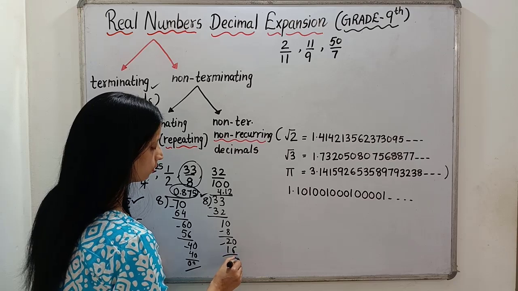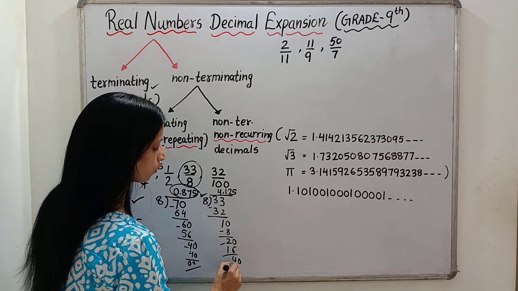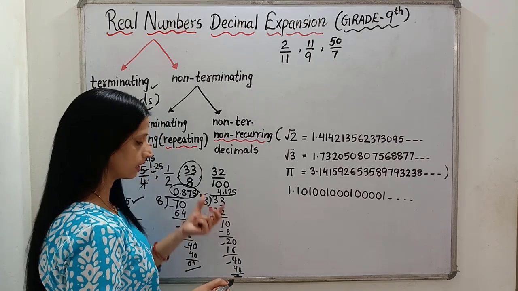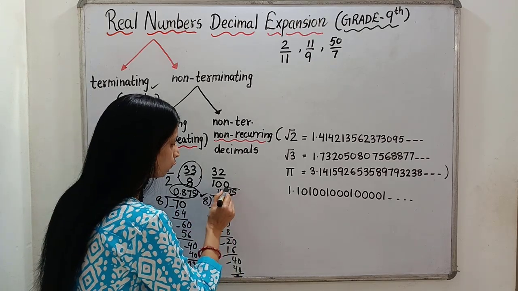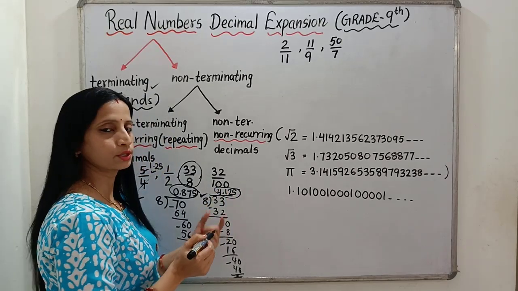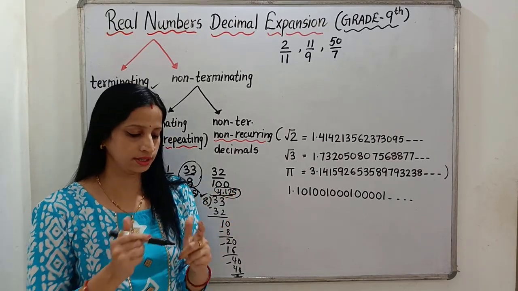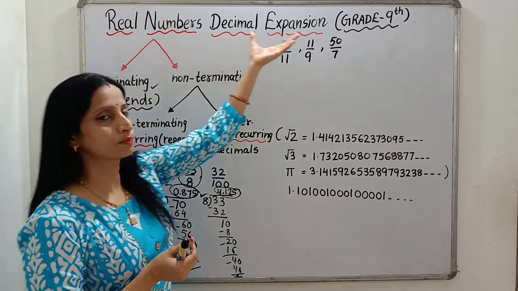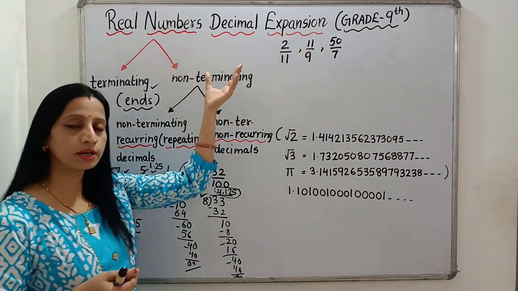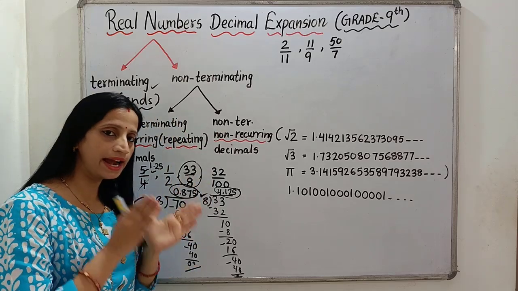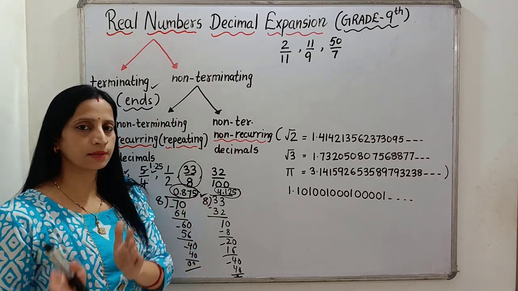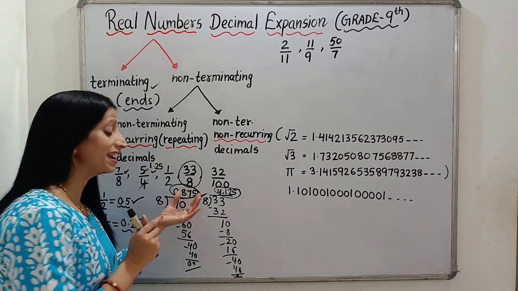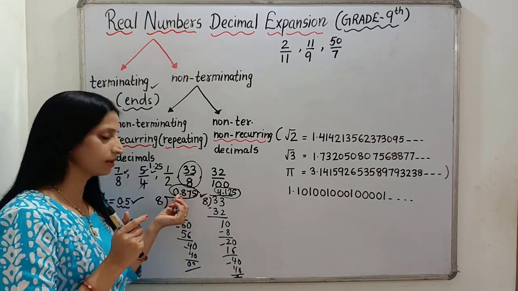Now we get 4 and we can put 0. 8 5s are 40. So again our remainder is 0 after certain steps. And we got 4.125. So it is a terminating decimal number. So a terminating decimal number means when the decimal expansion of a given real number or fraction ends after certain steps, or it has a finite number of digits after the decimal point.